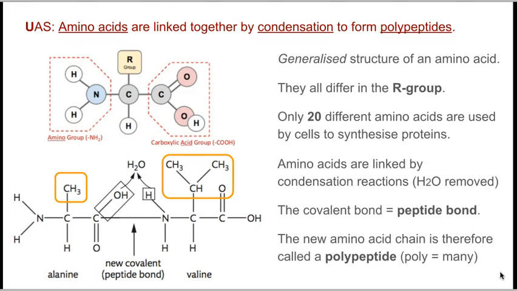The new amino acid chain is therefore called a polypeptide. Poly meaning many, so many peptide bonds, polypeptide. We can see here the covalent bond and the water has been removed.